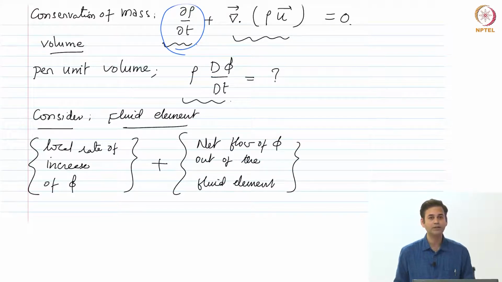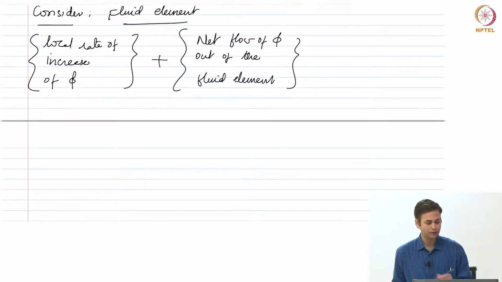So I want to consider these two quantities: the local rate of increase of the property phi per unit volume, and the net outflow of phi out of the fluid element. This is certainly an Eulerian approach, as we discussed.